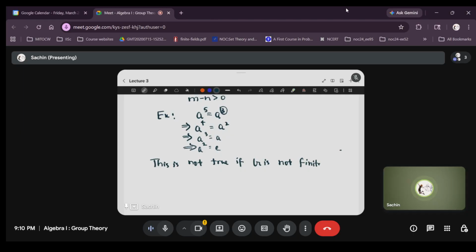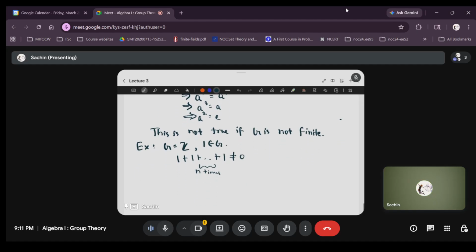This logic only worked because two different powers of a had to be equal. But if it's not finite, for example the set of integers, then 1 is an element of G, but 1 plus 1 plus etc., n times, is not equal to 0 for any n.